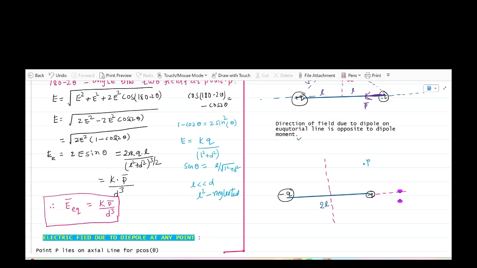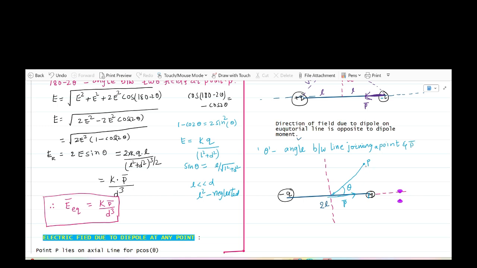Now the line joining this point makes angle theta with the dipole. This is taken as plus, then it will be the dipole momentum P bar. With P bar, theta is the angle between the line joining point P and the dipole momentum P bar.